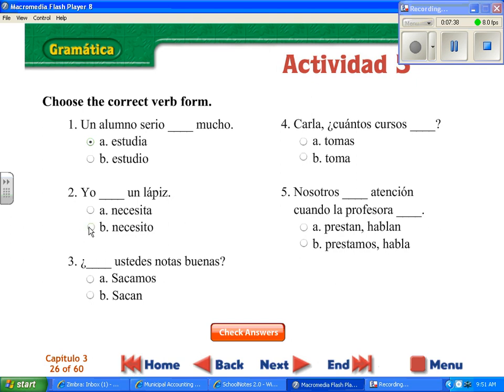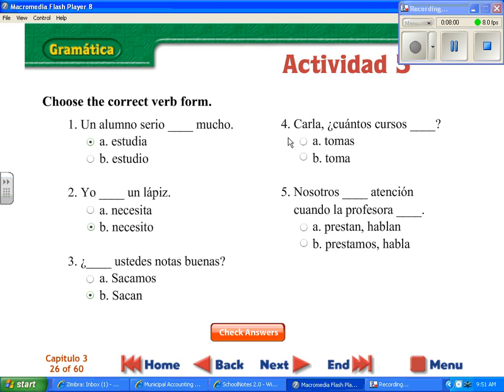Correcto. B. Yo necesito un lápiz. Number 3: ¿Ustedes notas buenas? ¿Sacamos o sacan? Correcto. ¿Sacan ustedes notas buenas?